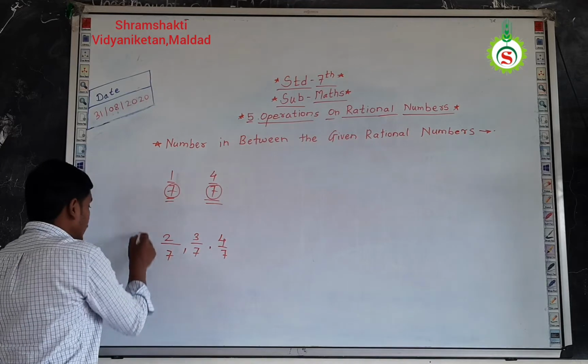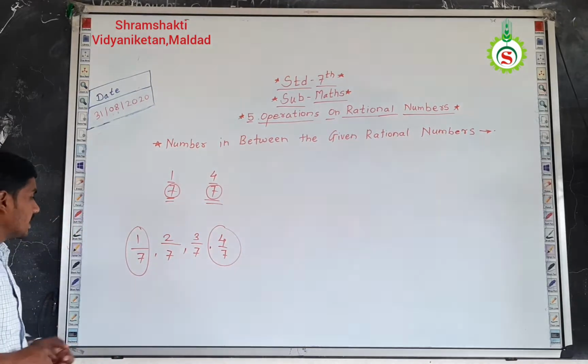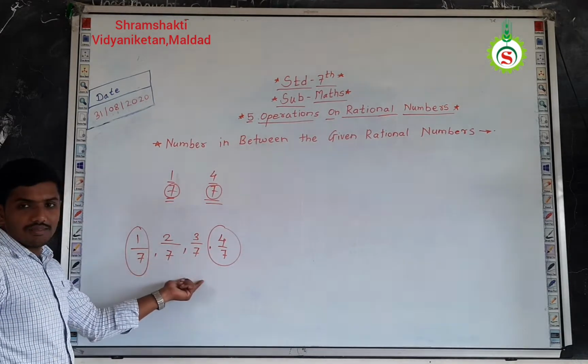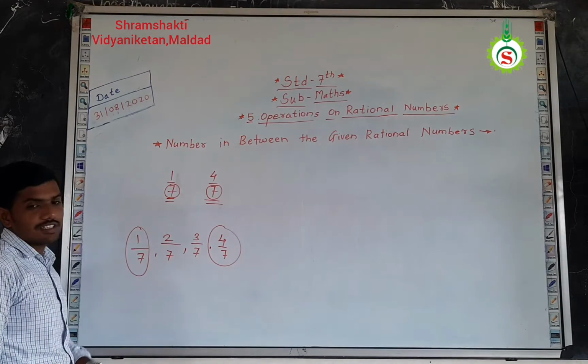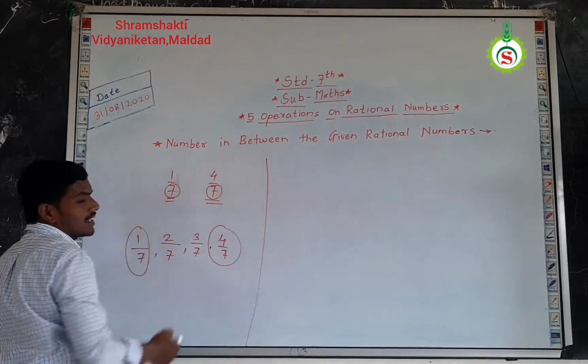So in between 1 by 7 and 4 by 7 there are 2 numbers: 2 by 7 and 3 by 7. Like that we can find the numbers in between rational numbers if the denominators are the same.